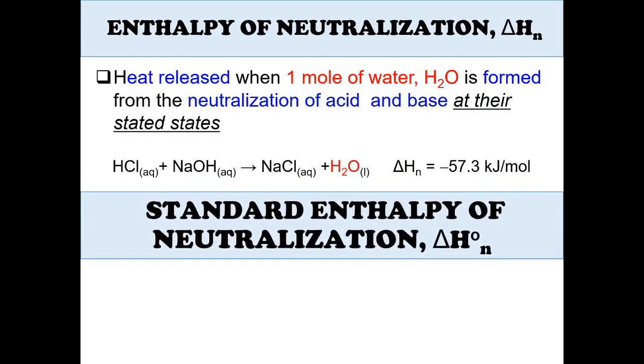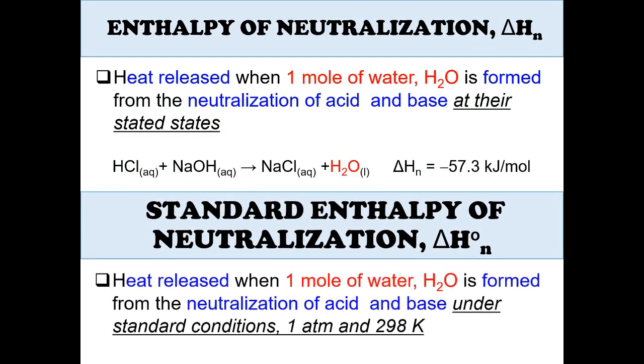Standard enthalpy of neutralization, delta H naught n, is the heat released when 1 mole of water H2O is formed from the neutralization of acid and base under standard condition. Standard condition is 1 atm and 298 Kelvin. You have to specify the value of standard condition.